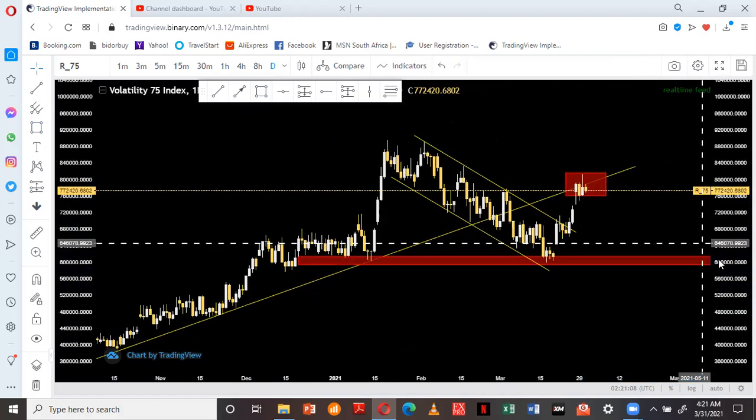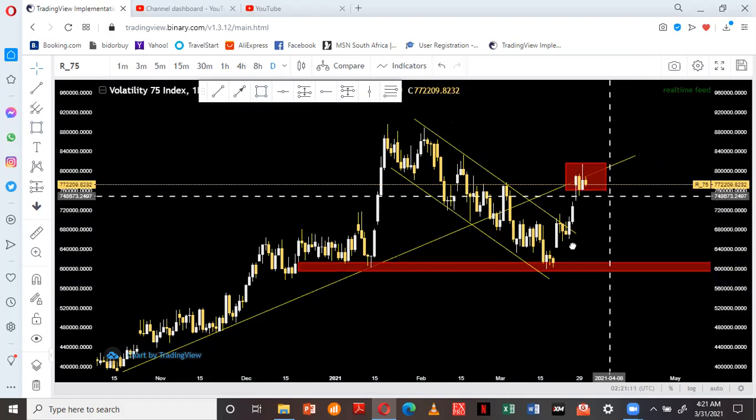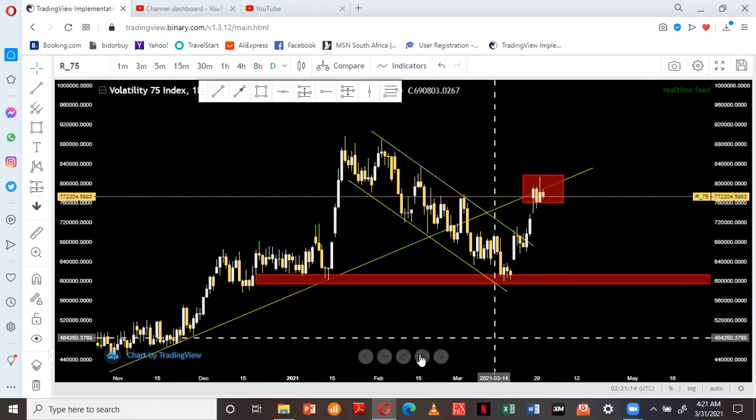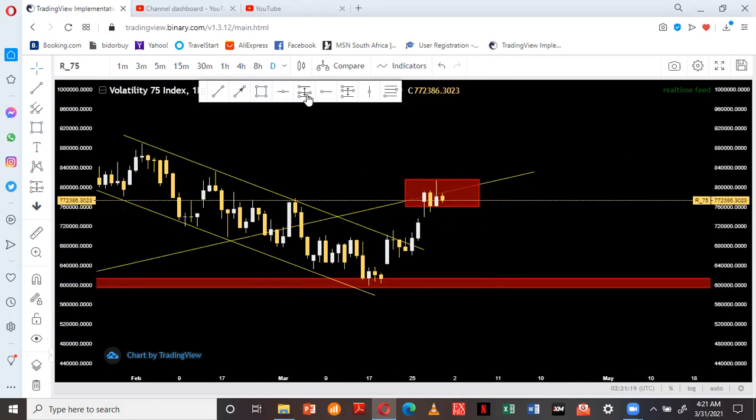So it looks like a trend line retest, and for us to enter or to anticipate, we need to wait for this candlestick to close below the white one where I highlighted.